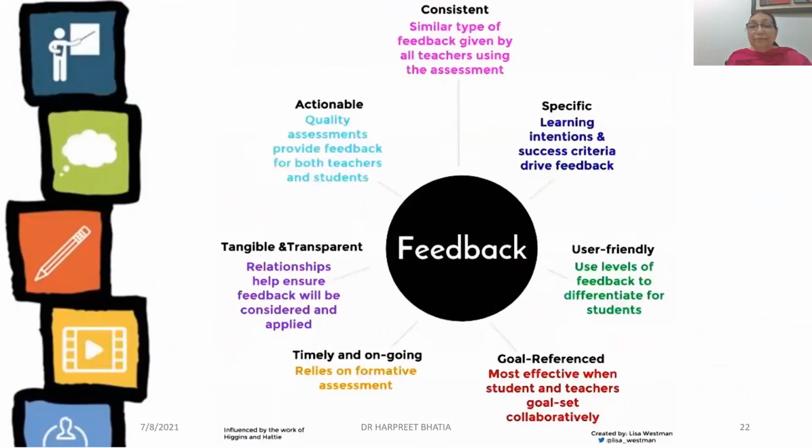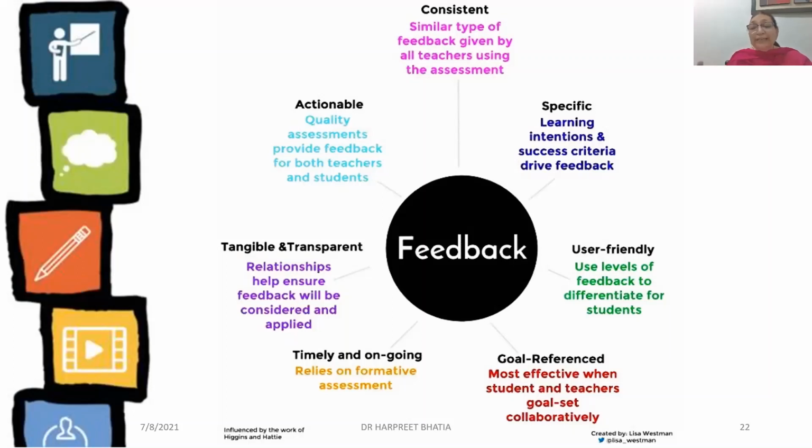The feedback should have the following characteristics. It should be consistent, and it needs to be specific, that is related exactly to the problem area which you are focusing upon. The feedback needs to be given in a way which is understandable by the person whom you are giving the feedback to.